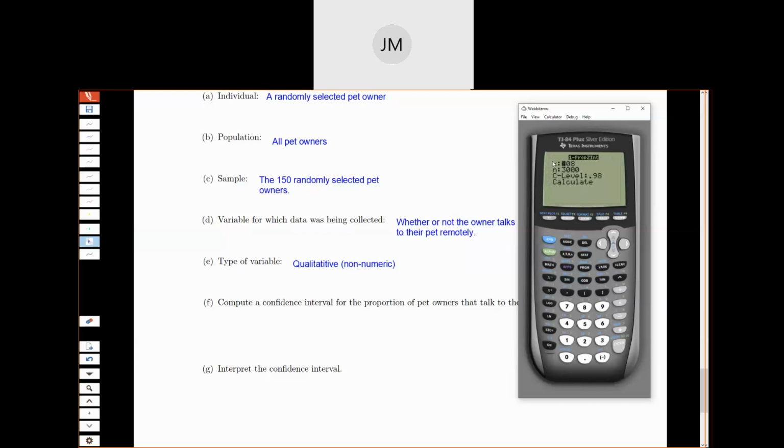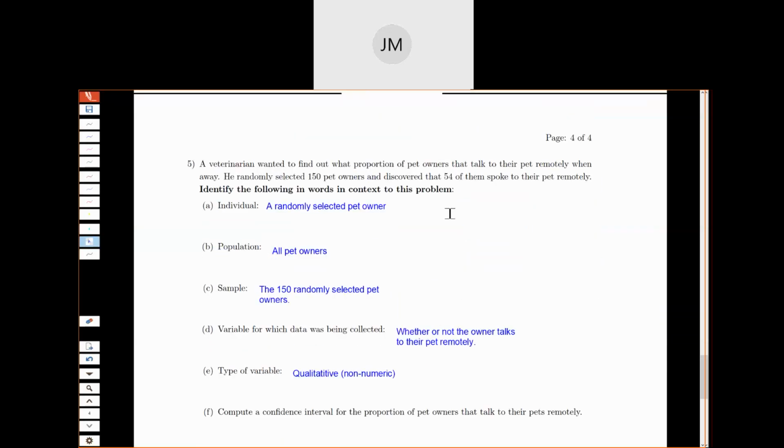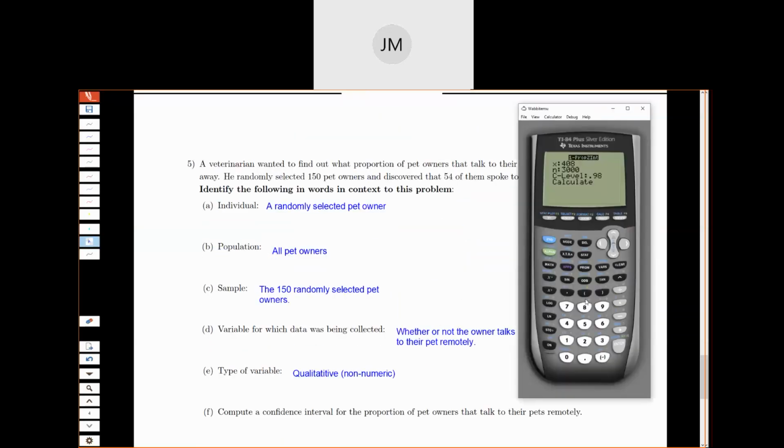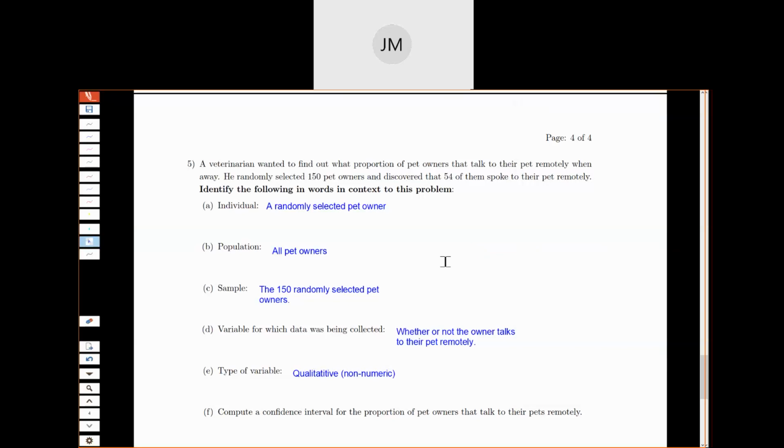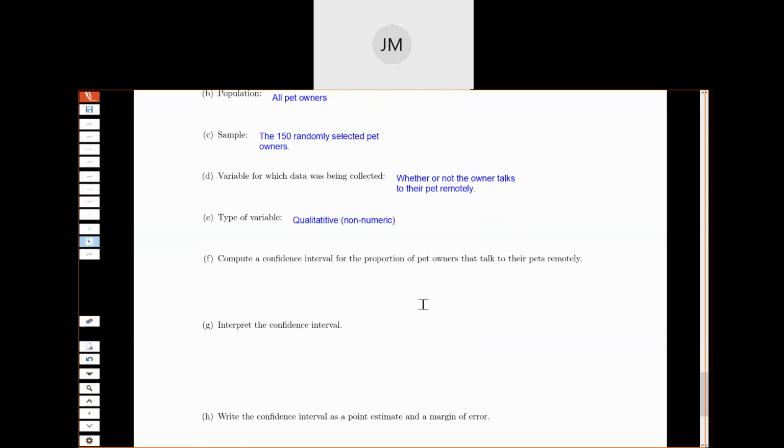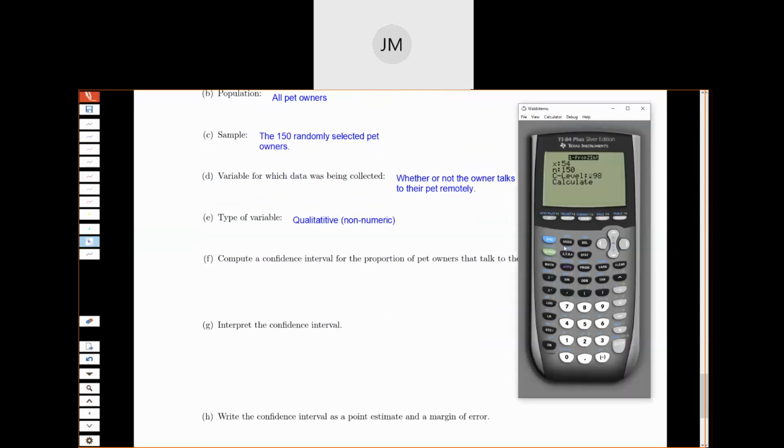X is the number of pet owners that said yes, there's 54 of them. N is the sample size, there were 150 of them. It doesn't tell me what percentage confidence interval. If it doesn't tell you, we should default to a 95% confidence interval. However, on the exam, it will be very specific. It will always tell you the percentage. But 95 is kind of like a default.